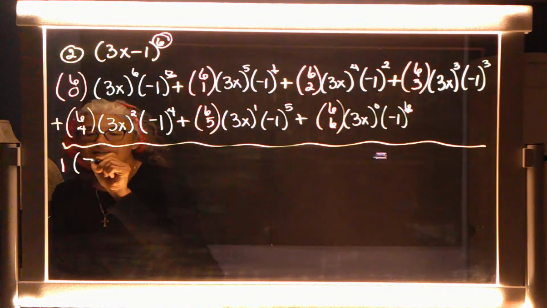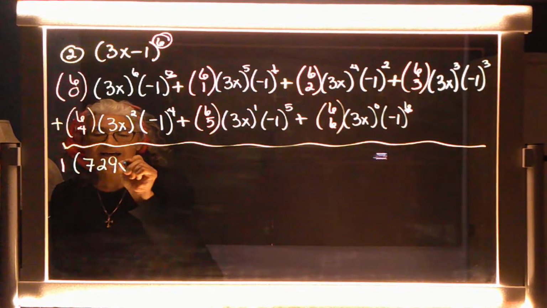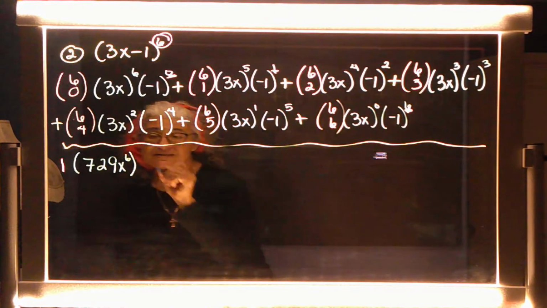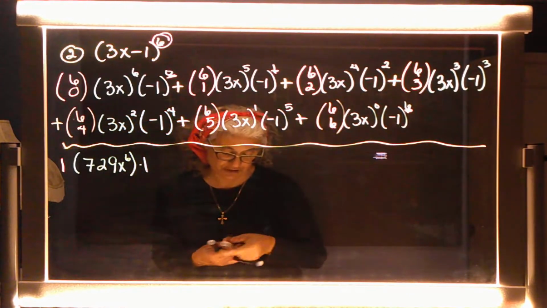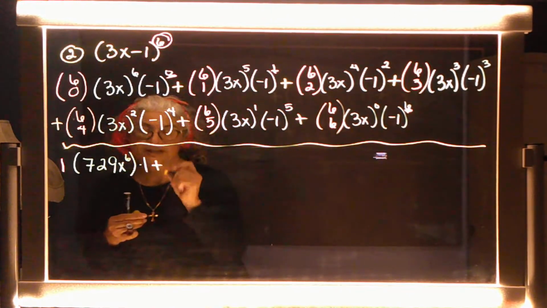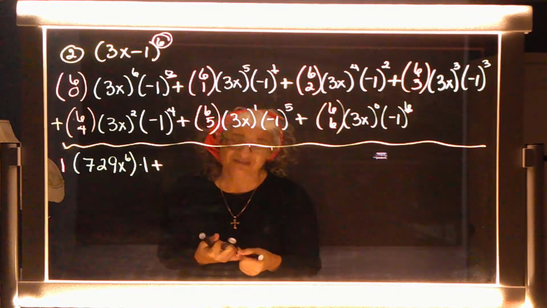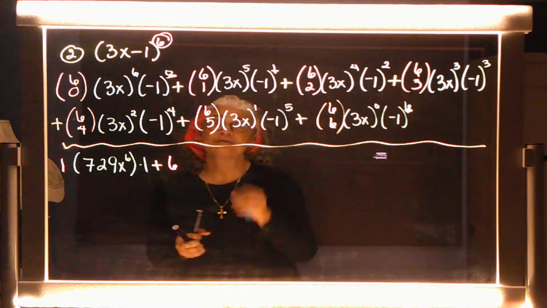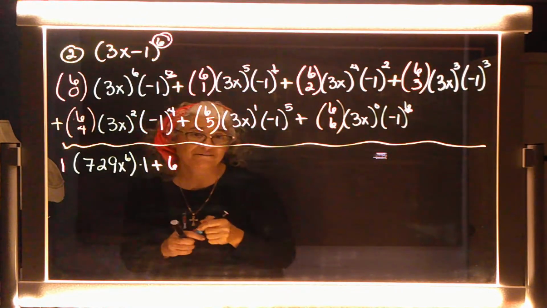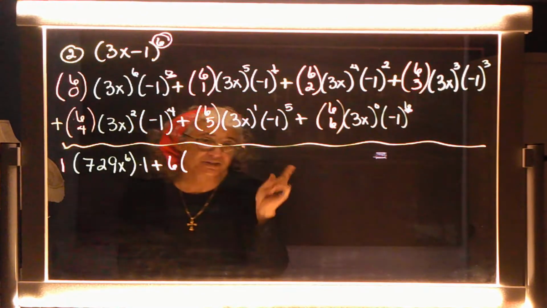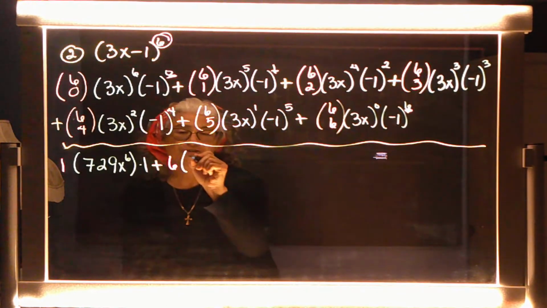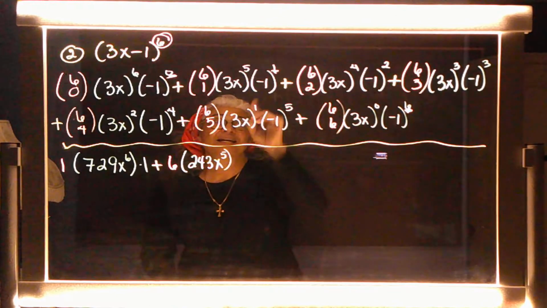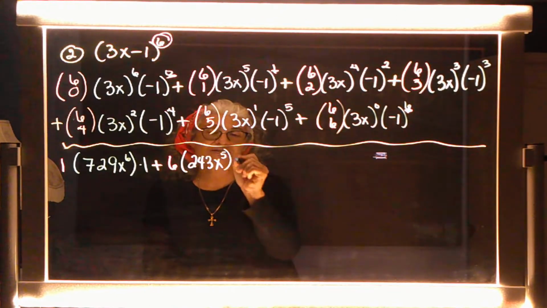Good, I heard you. 729. x to the power of 6, and negative 1 to the 0 is just 1. Good. Plus, what did we get for 6 choose 1? Yeah, we got a 6 there. Okay, and now we've got to figure out 3x to the power of 5. So 3 to the power of 5 is, good, 243, x to the 5th, and negative 1 to the 1st is negative 1.